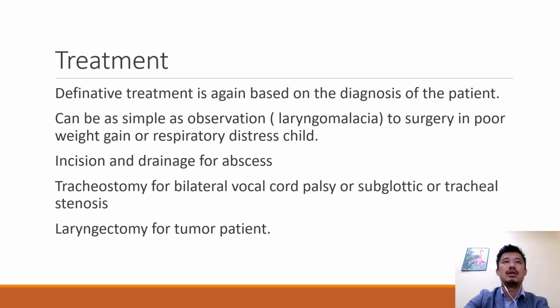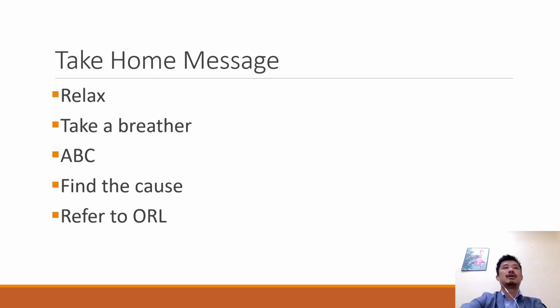So my take-home message for today: whenever you come across a patient with stridor, especially if you are in a district hospital, or maybe next time you will be sent somewhere where there is no ENT backup, remember to always relax, take a breather, and go through the ABC.